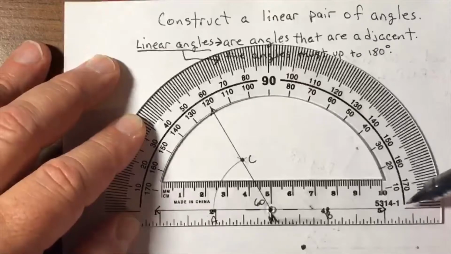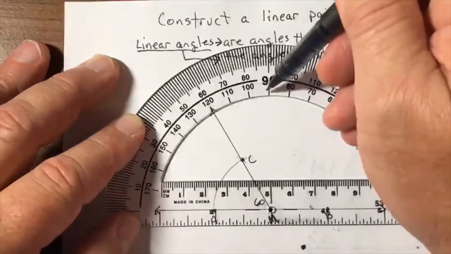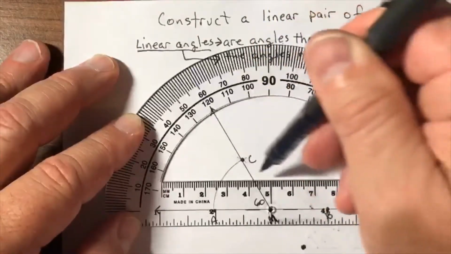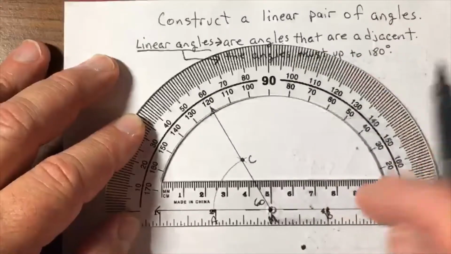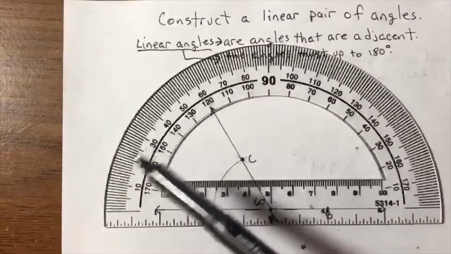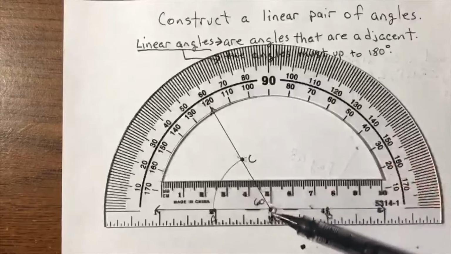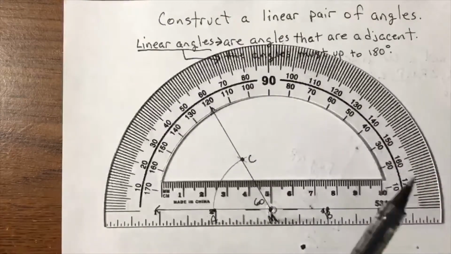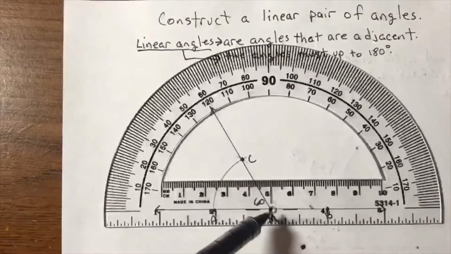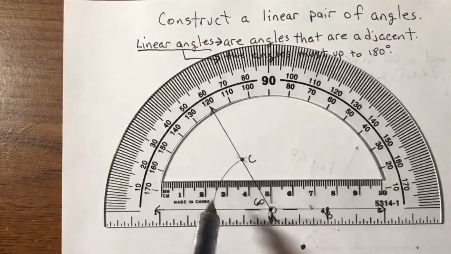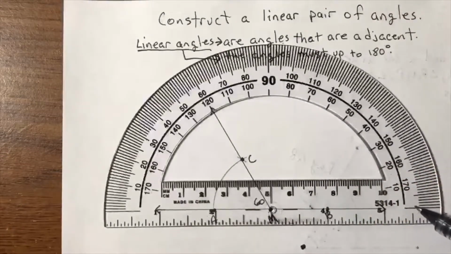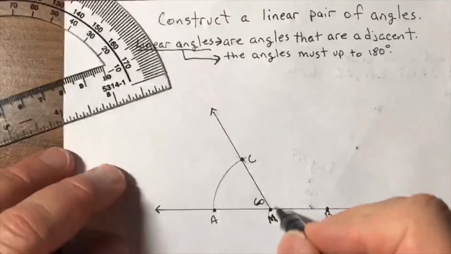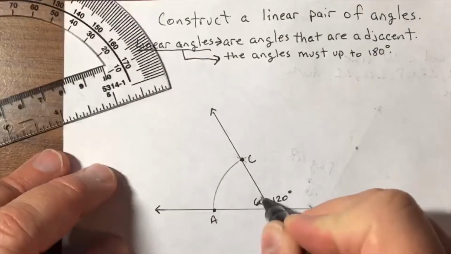I'm on the inside and going up, there's my 90, I'm heading over to this ray. You can see that this arc right here is 120. The entire angle from ray MA all the way over until the arc were to intersect with ray MB would form 180 degrees. So 180 minus 60 is 120. That's 120 degrees.